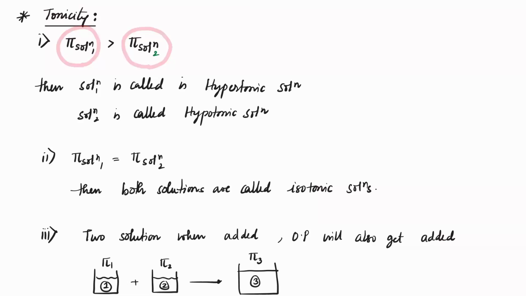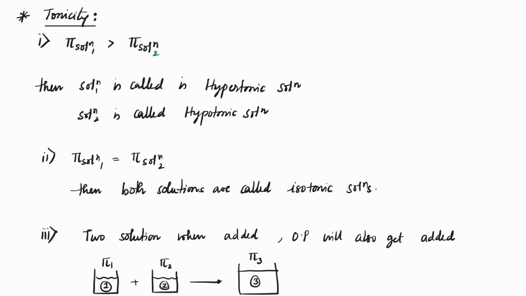Then the solution which has high osmotic pressure, we call it hypertonic solution. These are called hypertonic solutions. And solutions which have lower osmotic pressure are called hypotonic solutions. Got it?